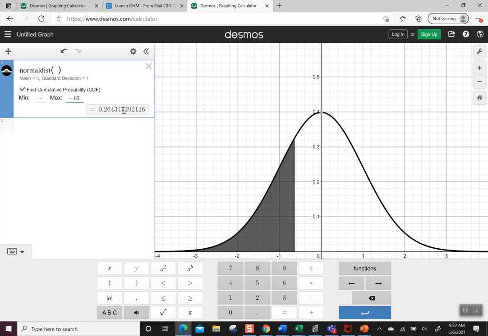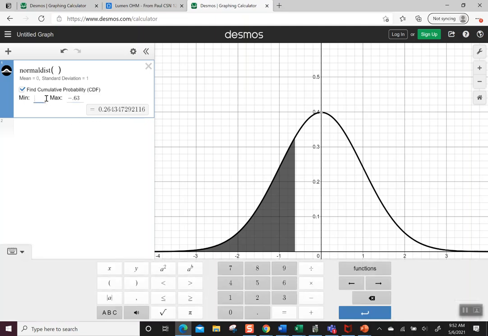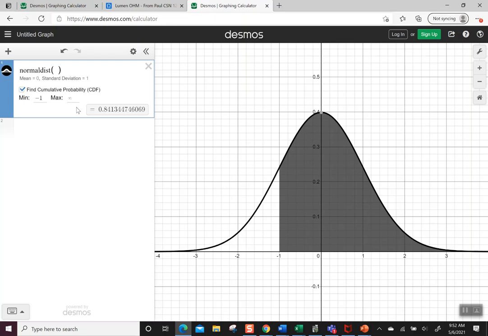If I want to look to the right, then the right says that would be our minimum. So let's say we start with a minimum of negative 1. To make it go all the way to the right, I delete what's in the maximum, it'll replace it with an infinity, and now I can see everything to the right. No need for subtraction, no need for any adjustment.